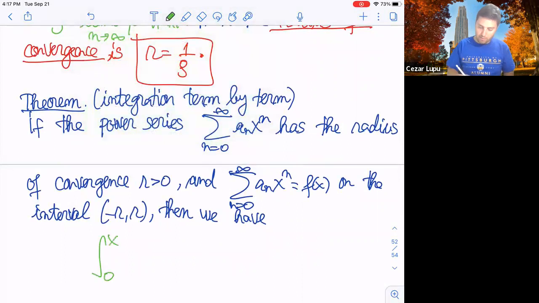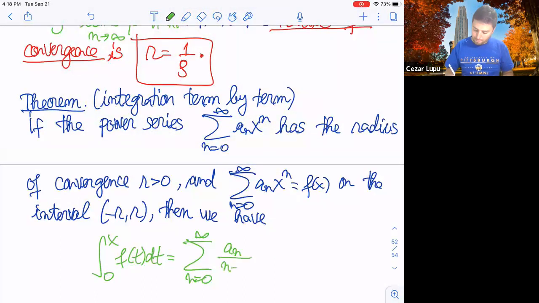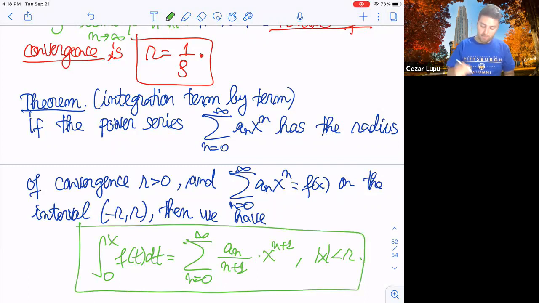We can integrate term by term. We don't have any problems with that. And as you can imagine, we have the following equality. So we have no problems in integrating term by term. It's just like in the case of more general series of functions.